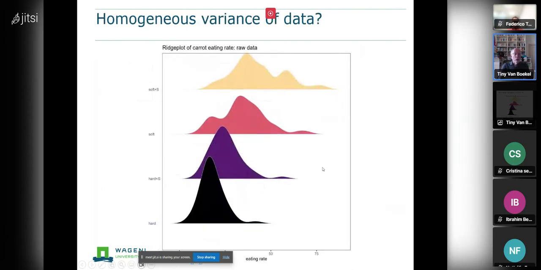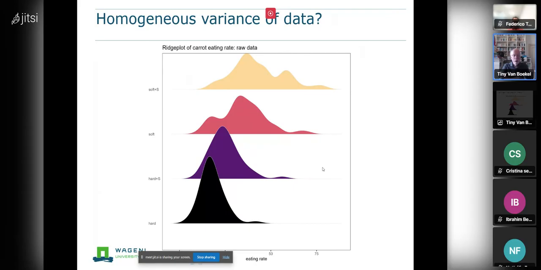Something that was also interesting is that with these data, let me first say, if you do ANOVA, which is basically linear regression with sums of squares, the assumption is, as we said yesterday, that the variances are all the same. And actually, that should be tested.